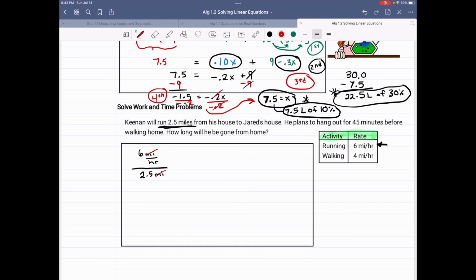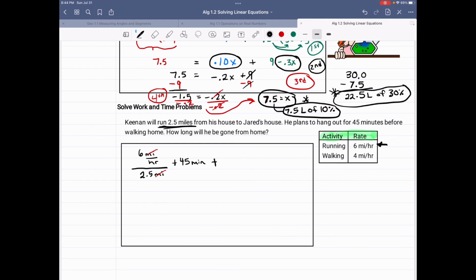Okay, so that's how long it's going to take him to run that far. And then he plans to hang out for 45 minutes. So he stays there for 45 minutes, which we're going to need to convert into hours for this all to work out. Plus, he's going to have to walk home.